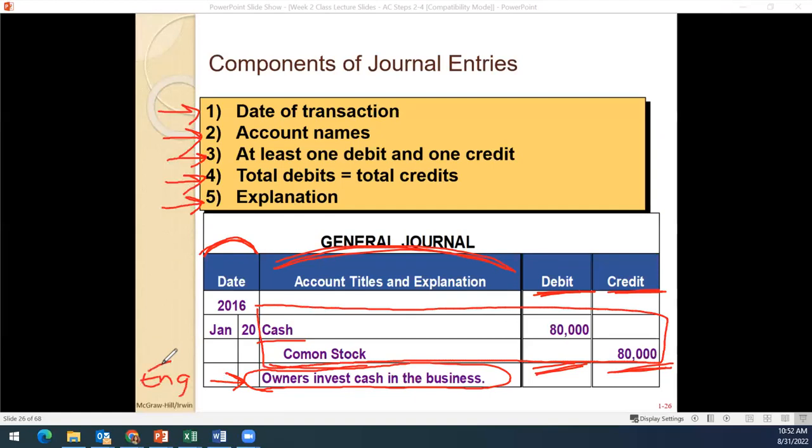Someday, if you continue with accounting long enough, you'll be good enough that even if you don't see that explanation, you'll know what this means. You'll know that cash increased, meaning they gave the company cash, and common stock increased, meaning that the owners got ownership in the business. So I'm going to translate that and say, oh yeah, the owners invested cash into the business, which is why the company's cash went up and the owner's equity, or common stock, went up.